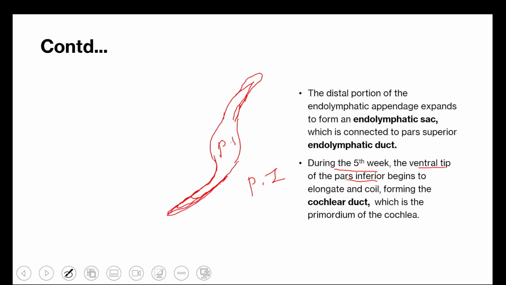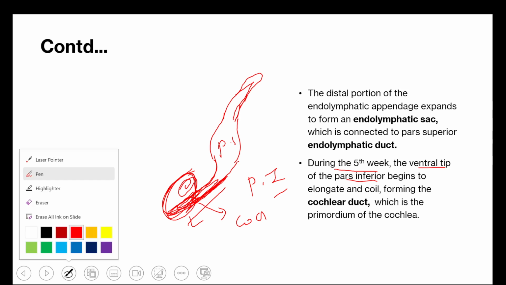The cells of this pars inferior will elongate more and more, and that elongation later on will form the coil, and this coiling plus elongation will lead to the formation of the cochlear structure, that is the cochlear duct here and the cochlea itself here. So these things are formed from the pars inferior.